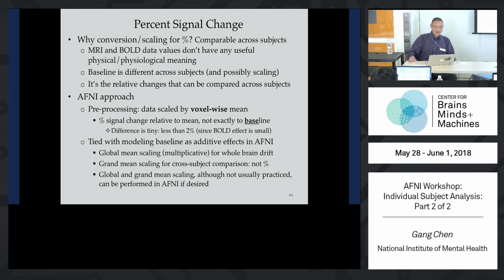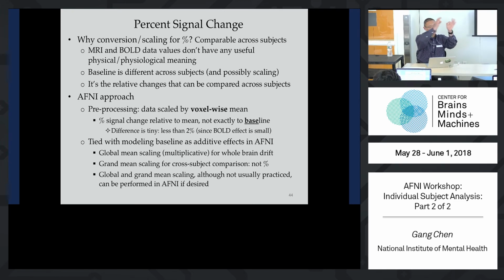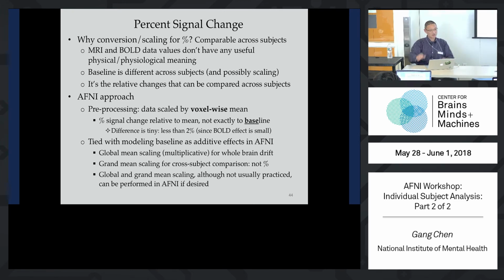As far as I know, this also has an impact on the results. When people show the brain image, clusters, colored blobs, in affine, as Daniel showed this morning, we have the differentiation between the beta and the t statistic. In affine, we specifically ask you to show the betas.